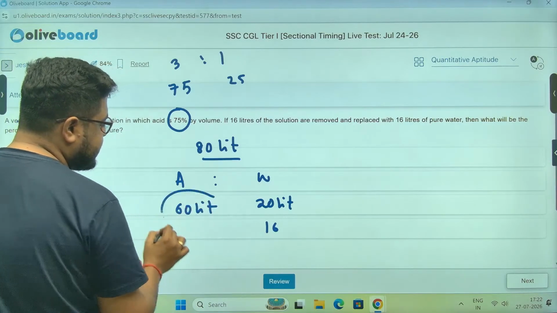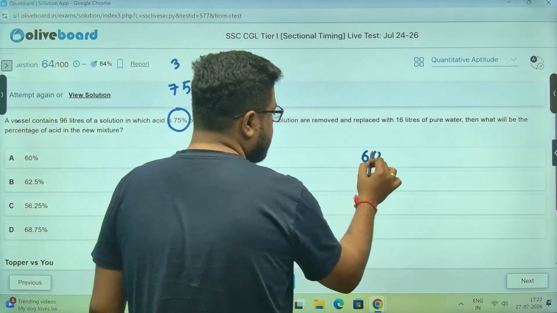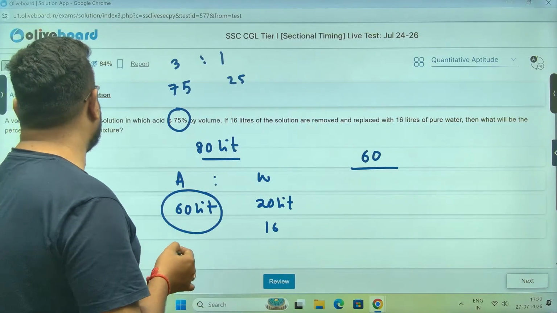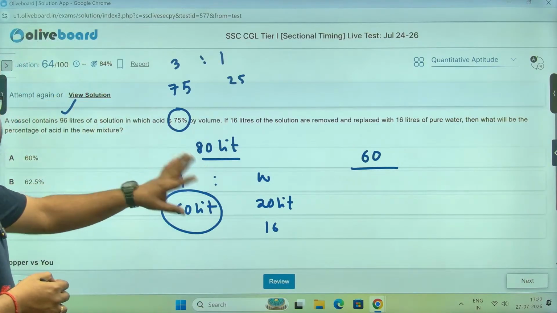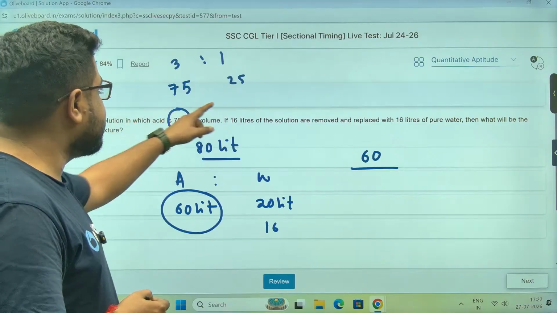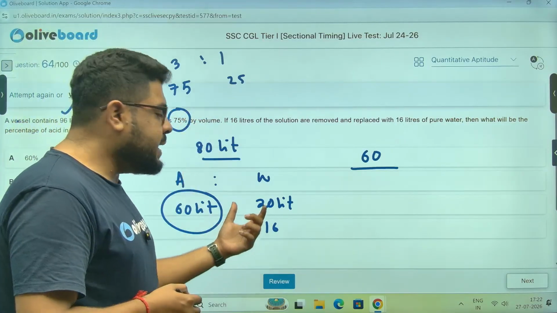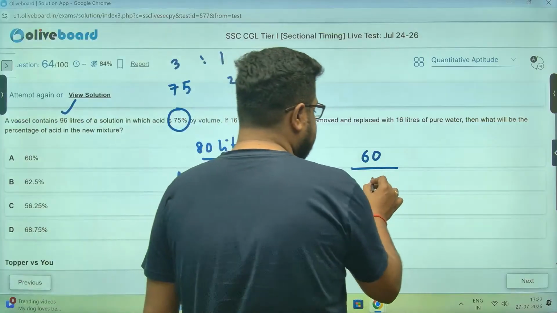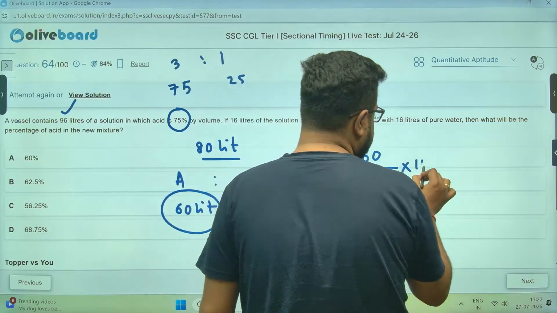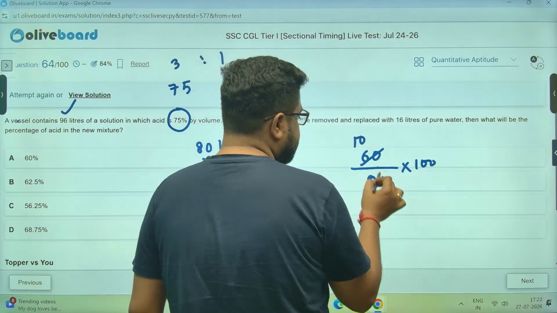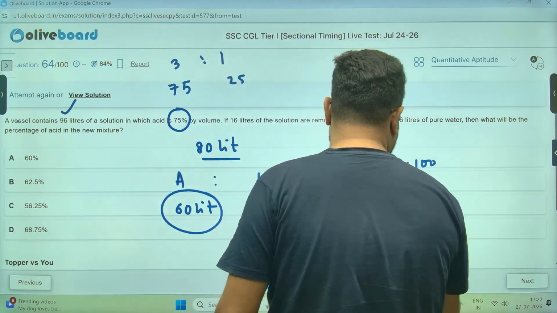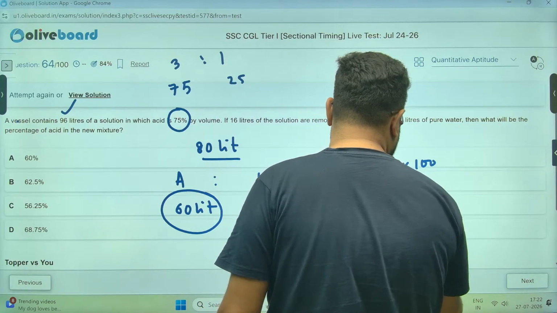Acid is 60 liters out of total 96 liters. Because 16 liters were gone, 80 liters were remaining, and the 60 liters of acid has not changed. So 60 out of 96 into 100. 6 tens, 6 16s, meaning 6.25, meaning 62.5%.